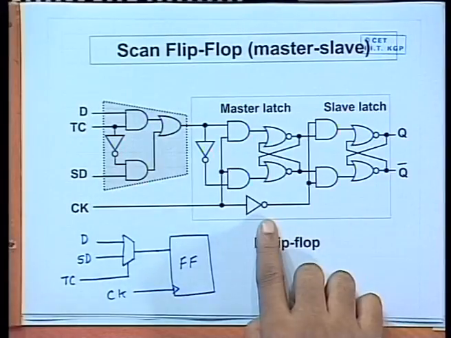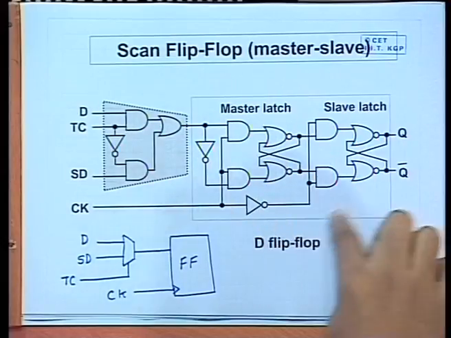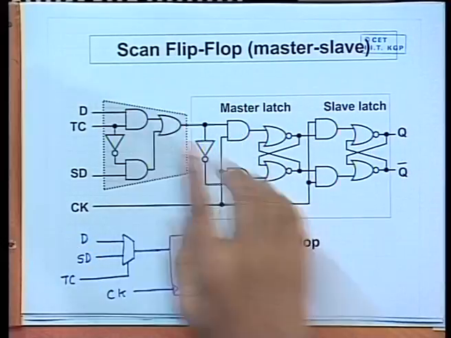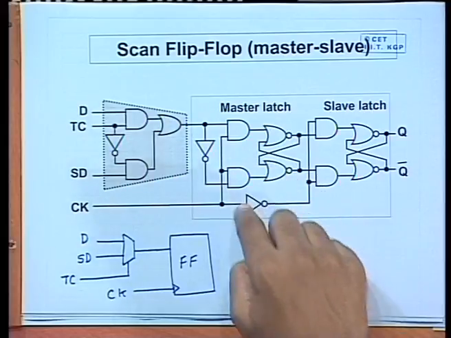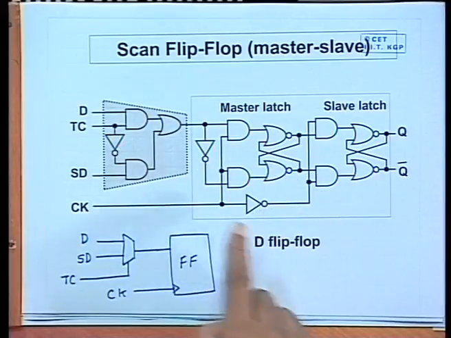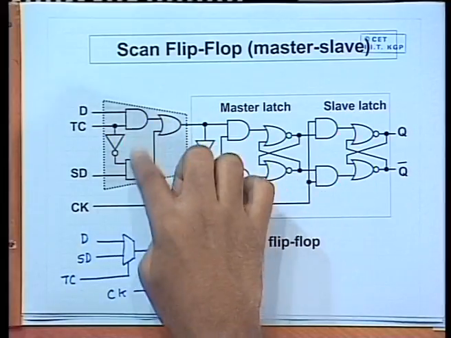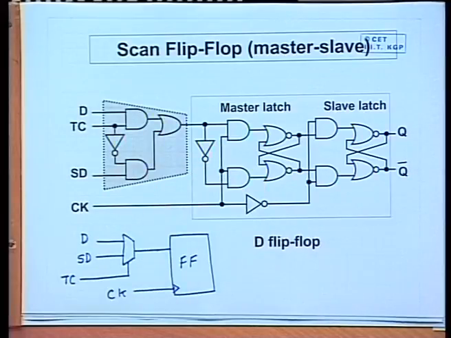So, if you just look at that diagram once more, here the original flip flop circuit without this required 10 gates. To make it a scan flip flop, you need 4 additional gates. This is something to remember.